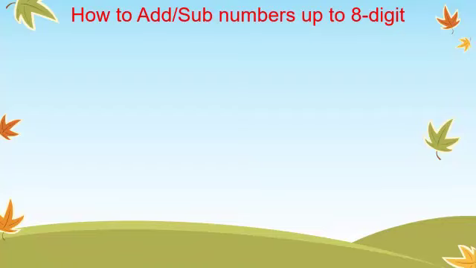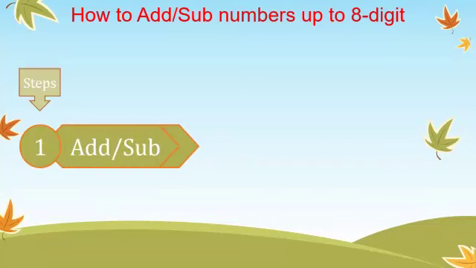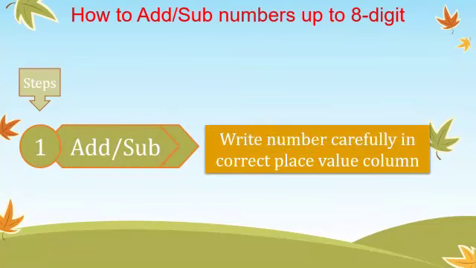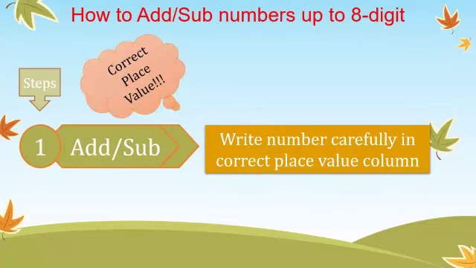Students, there are 2 points you should be always mindful of while adding and subtracting numbers. Step number 1 in addition or subtraction is that you write the number carefully in the correct place value. Now what does it mean to say that you have to write the correct place value of the number?